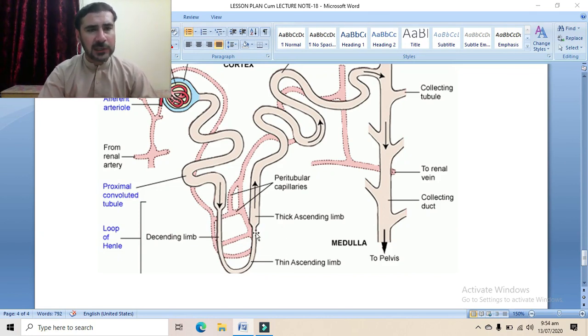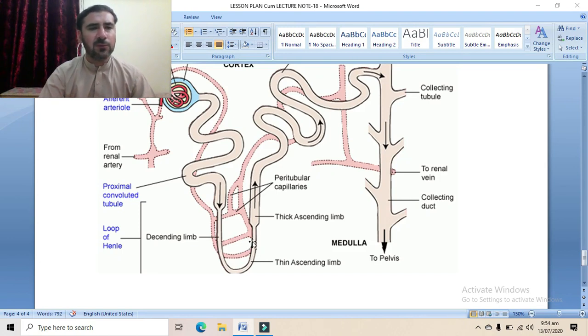What happens basically, whenever there is less availability of water inside the body, there is less water content. So in this case, the kidney should form concentrated urine and more water should be reabsorbed, and that reabsorption process is achieved through the countercurrent multiplier mechanism.